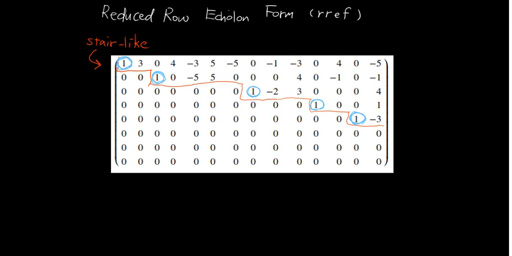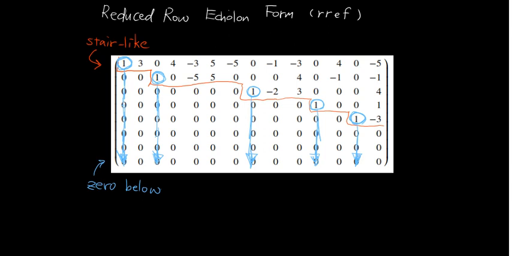So it is called the leading variable. And so the second requirement is that if you find a leading term, then everything below that should be 0. This is the second requirement.